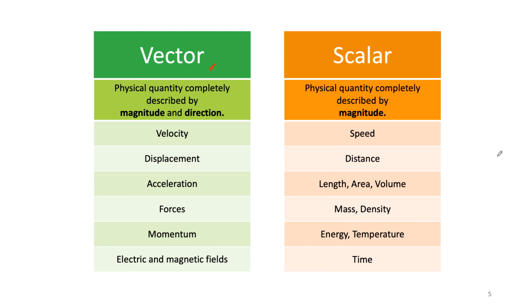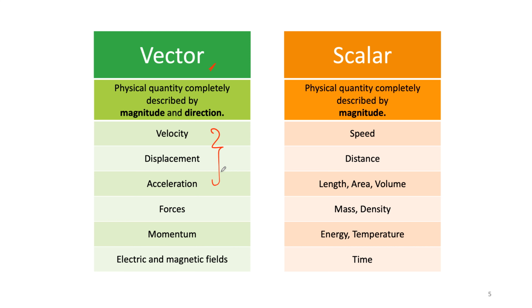Examples of a scalar quantity include speed, distance, length, which is similar to distance, area, volume, mass, density, energy, temperature, and time. For the vector quantity, examples include velocity, displacement, acceleration.